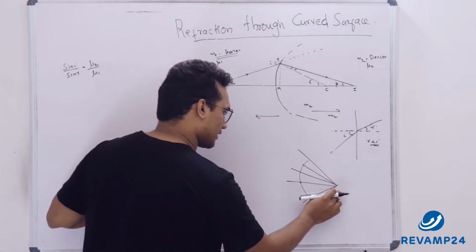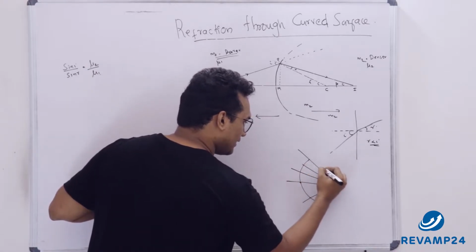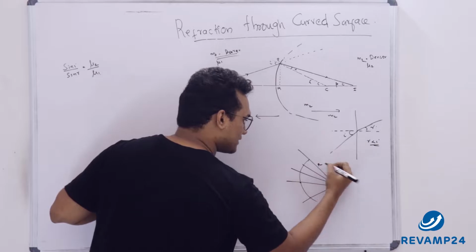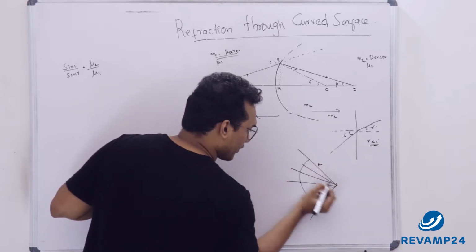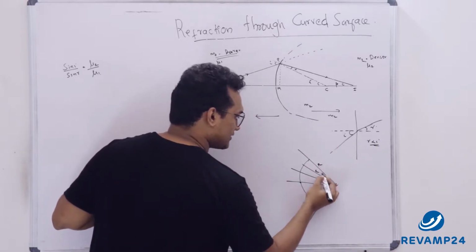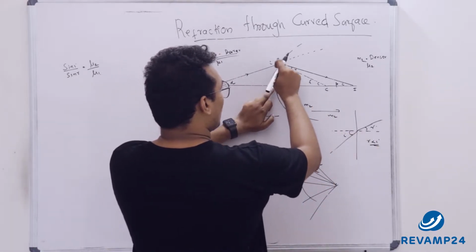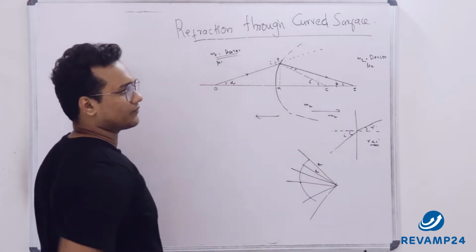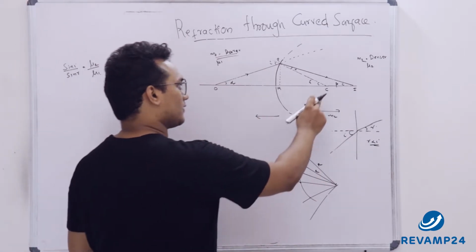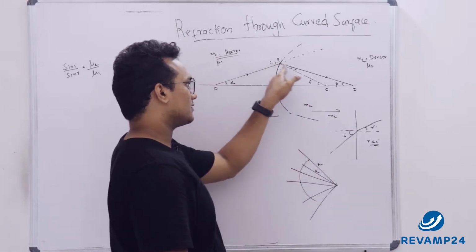So this is the center of the curved surface, and this normal would simply be the radius. Always keep in mind that whenever you draw a normal on a curved surface, it goes through the center of curvature. So here, this is my normal.